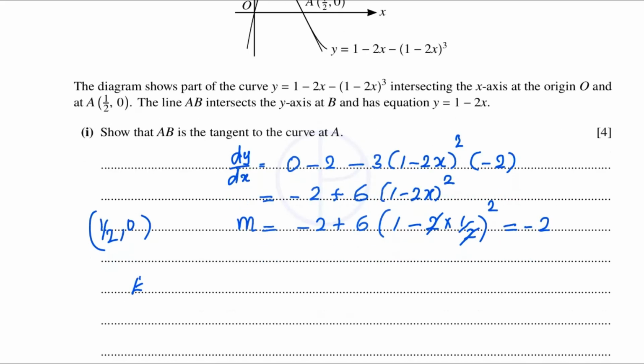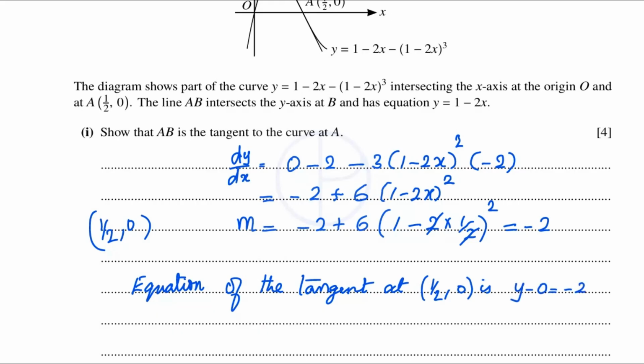Okay. So the equation of the tangent at (1/2, 0) is y − 0 = −2(x − 1/2). So y is equal to −2x.